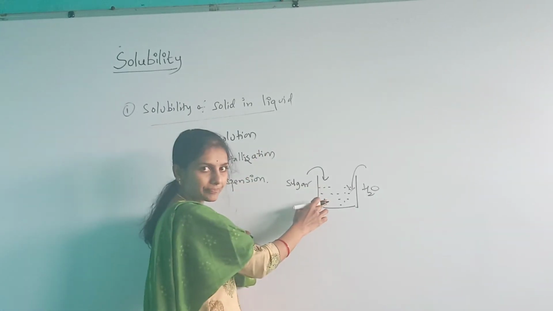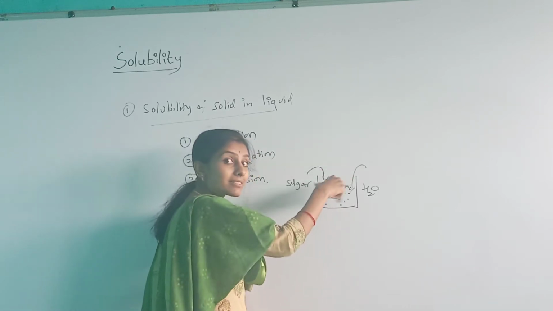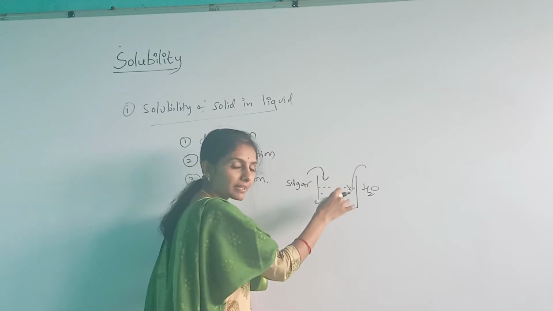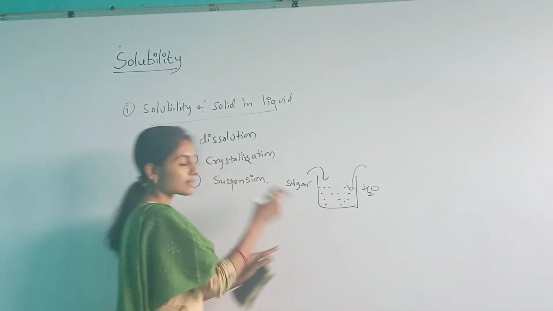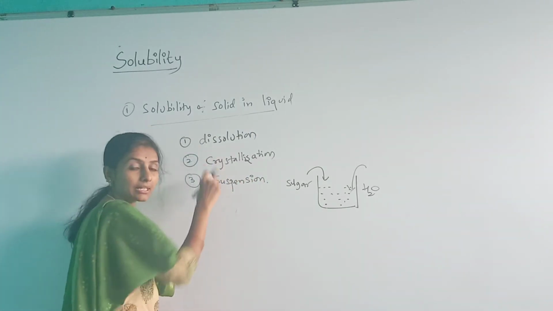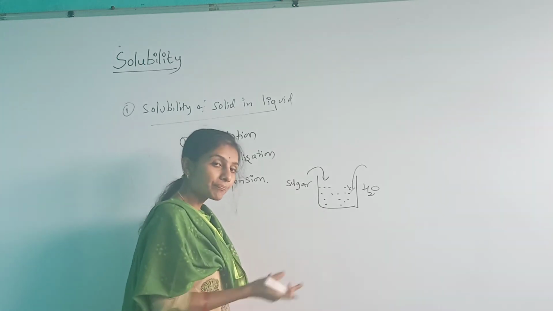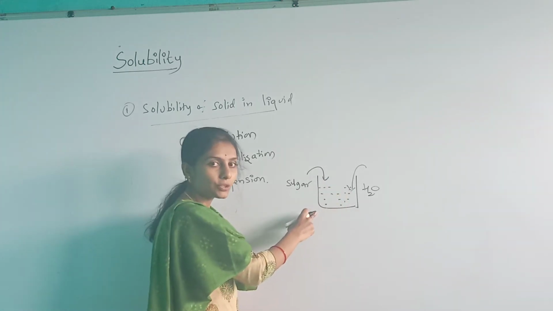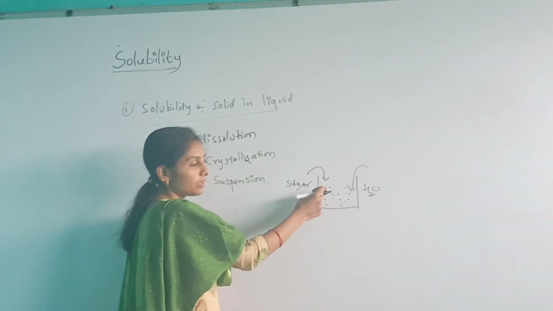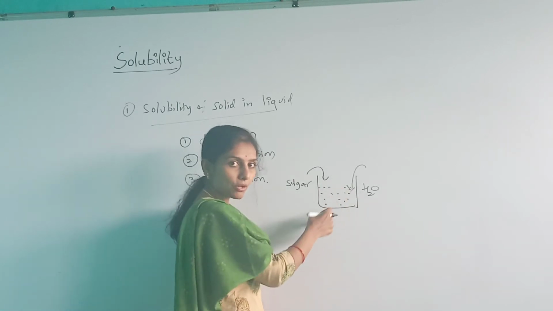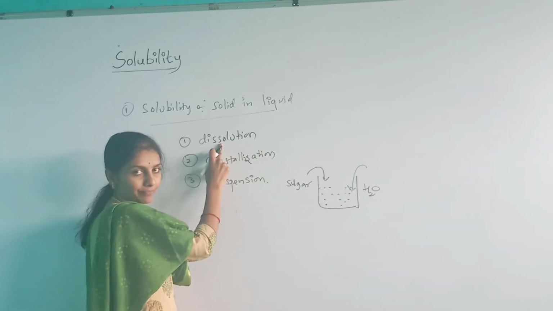That process of mixing solute into solvent to get a solution is called dissolution. Dissolving sugar in water. So the process of dissolving solute into solvent to form a solution is termed dissolution.